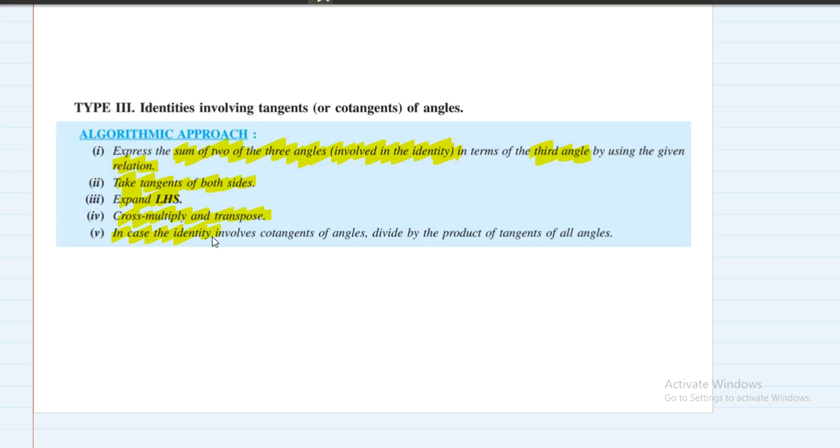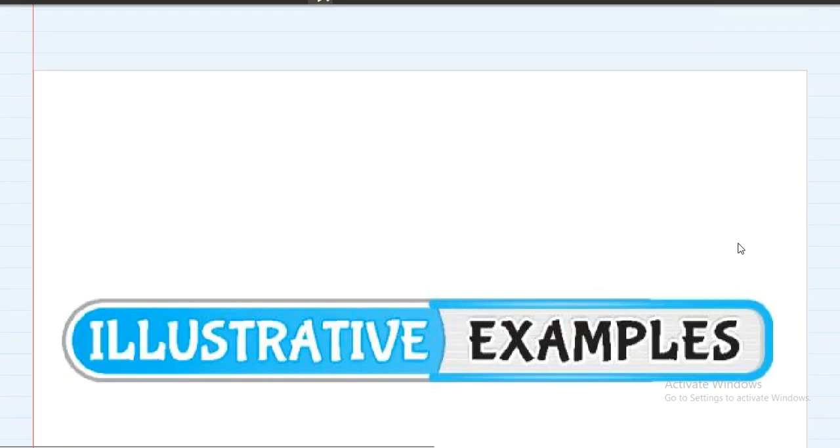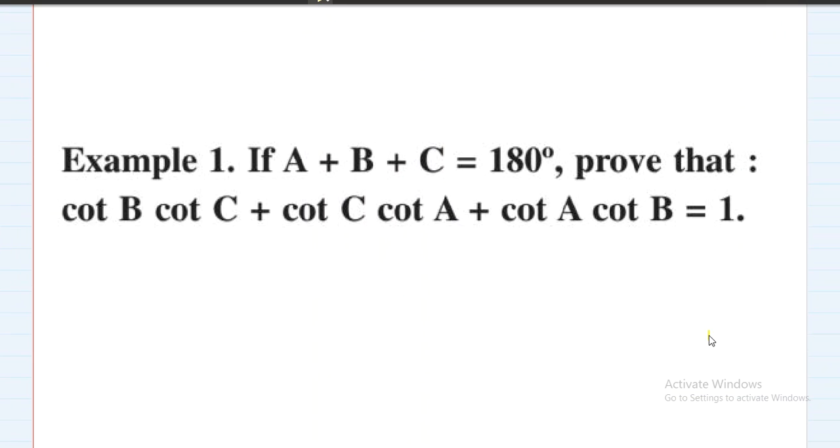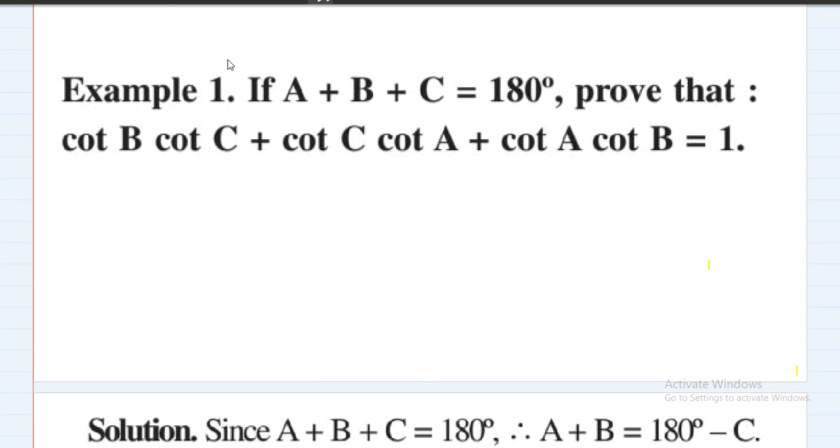And in case the identity involves cotangents of angles, divide the product by tangents of all angles. So yes, as I told you, these algorithms might seem a little weird, but as we solve the questions, we'll find they are very simple. Okay, so let's do it.